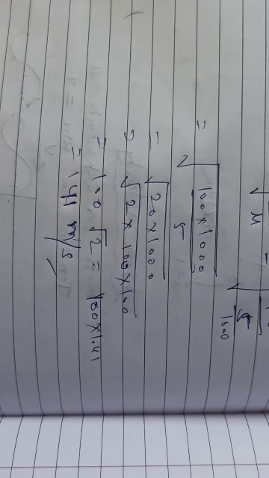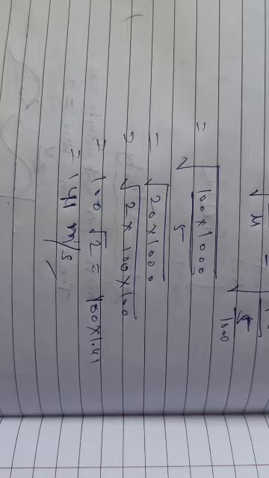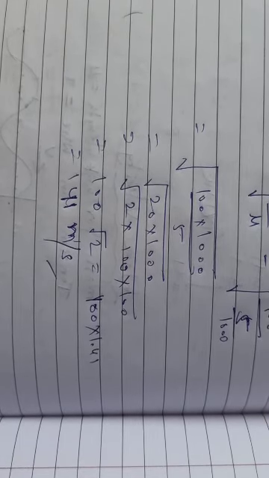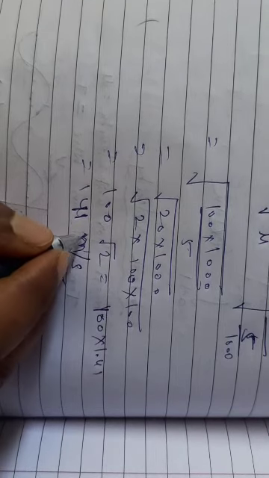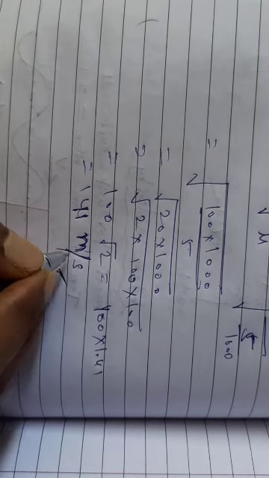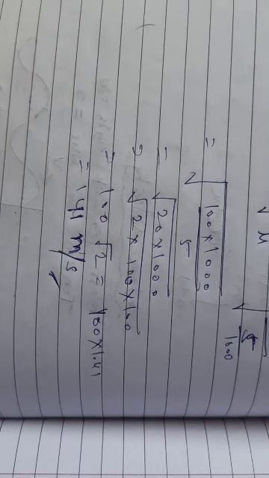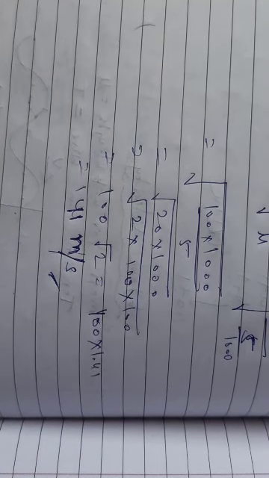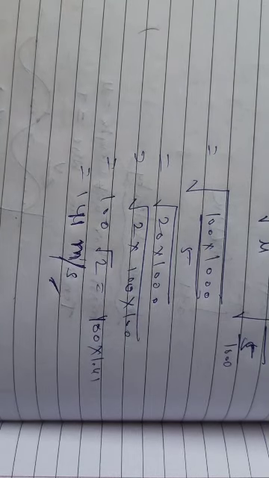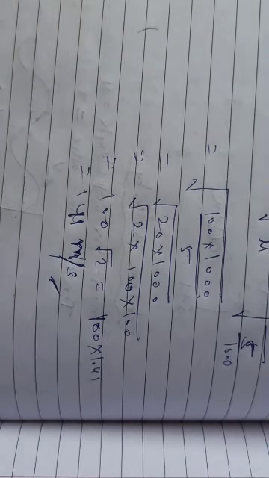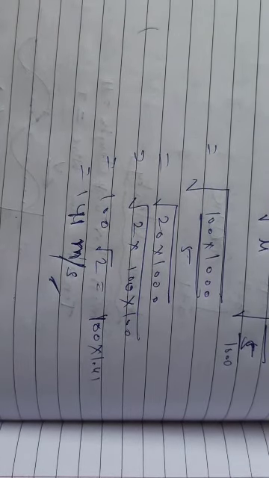So wave speed on the string depends only on the tension and the mass per unit length, only on these two. Whenever they are asking what the wave speed is, it does not depend on the frequency of the wave, the angular frequency of the wave, or the wavelength lambda of the wave. It depends only on the tension on the string.